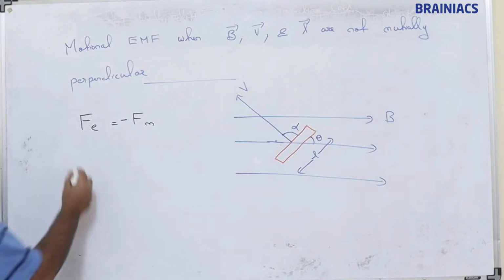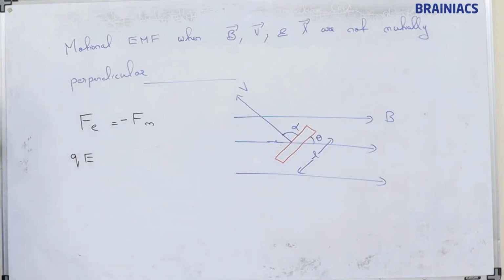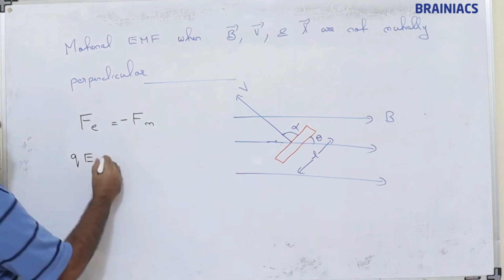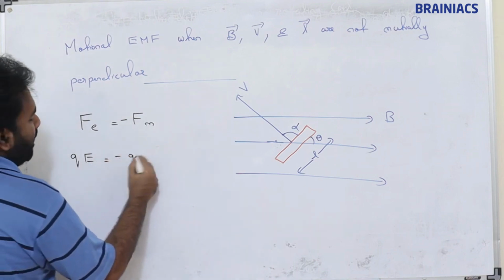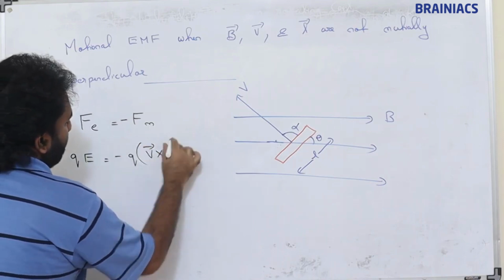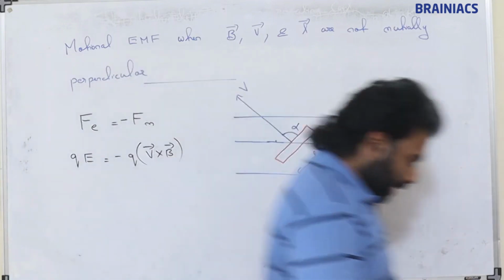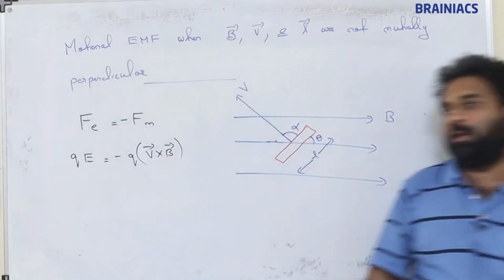So electric force, if I write qE, is equal to the magnetic force, which I could write as q into V cross B, the force experienced by a charge in a magnetic field.